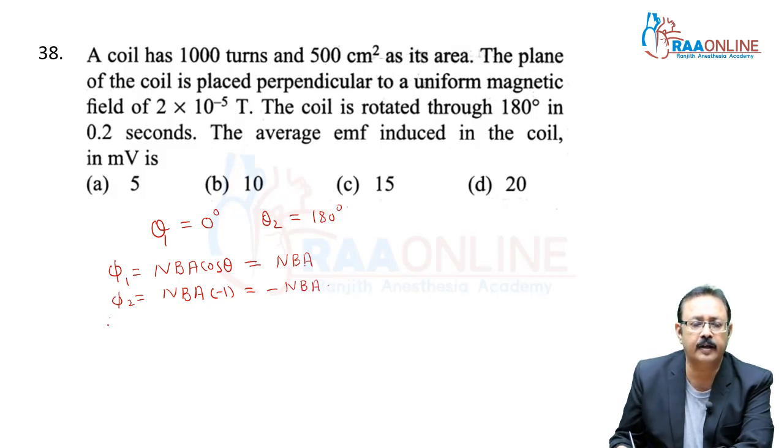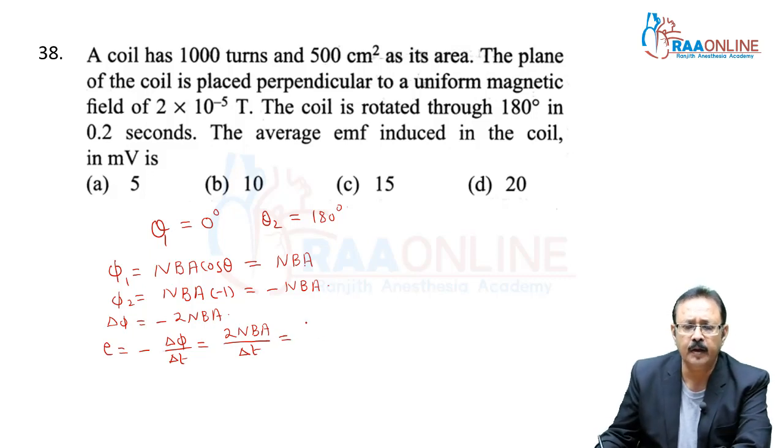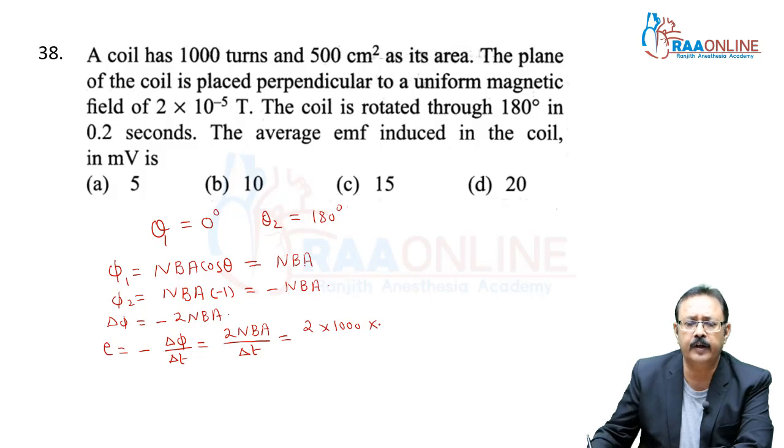So change in flux is minus 2 NBA. So EMF should be minus d phi by dt. Minus minus will become plus. So 2 NBA upon time. Now everything is given. N is 1000. Magnetic field is 2 into 10 to the power minus 5 Tesla.